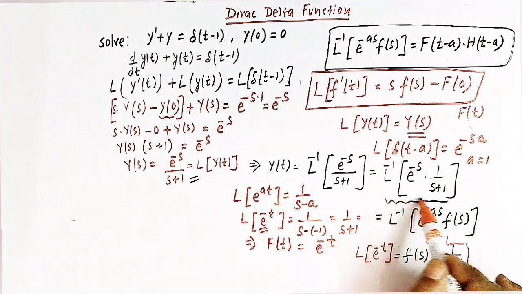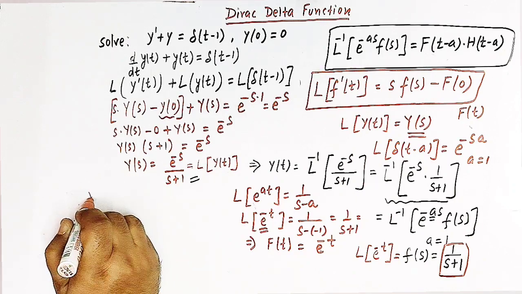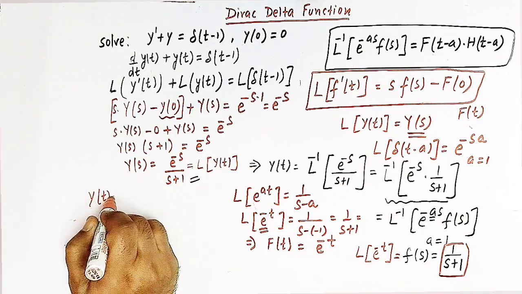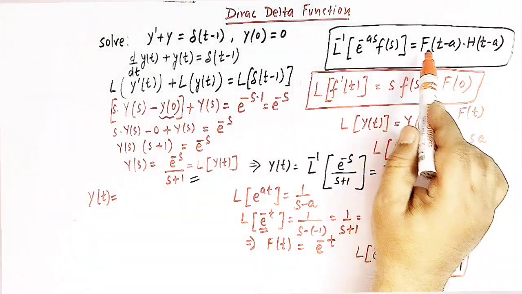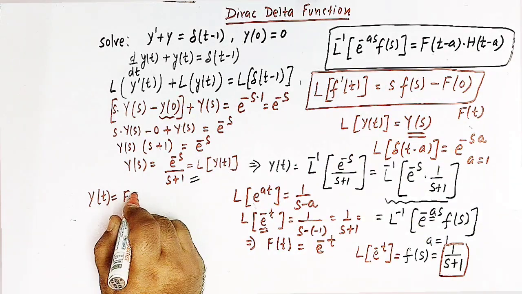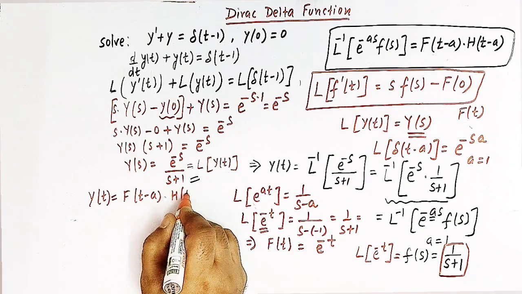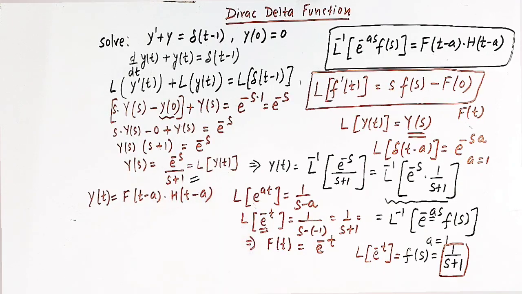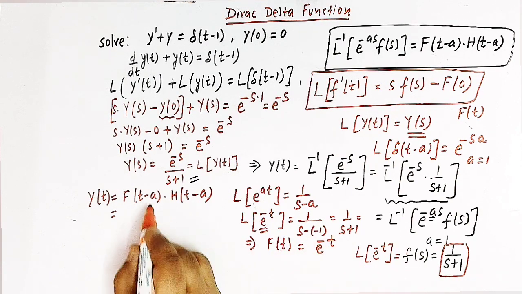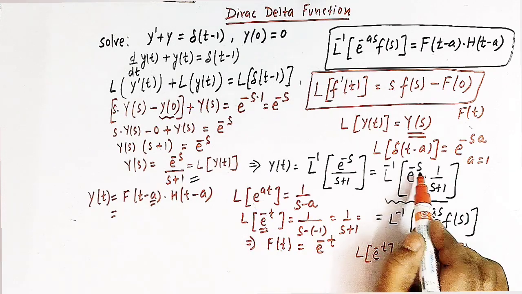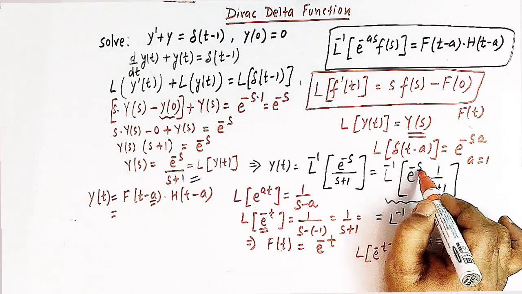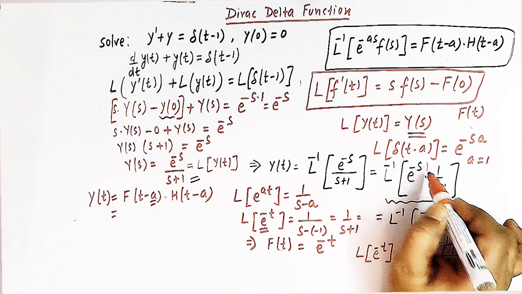So this expression, that is our function y of t, is now equal to f of t minus a times h of t minus a. And our function f of t is e raised to minus t, and the value of a is equal to 1 here, because here we have minus s times 1.